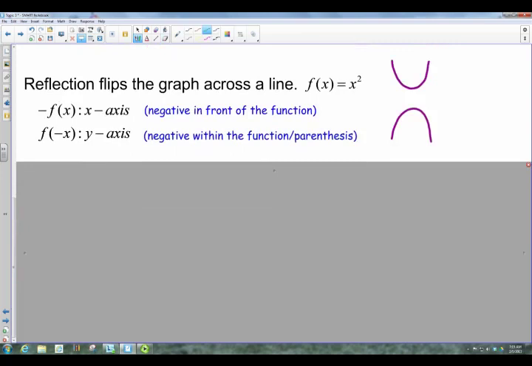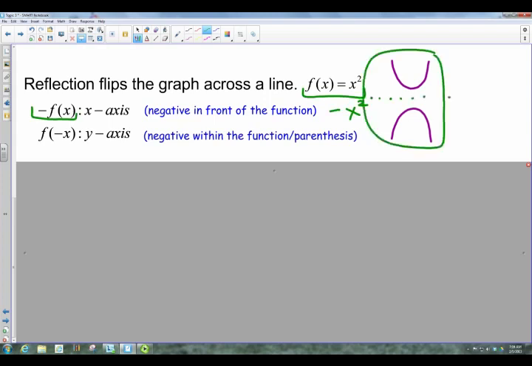If my original function is f of x equals x squared, an x-axis reflection occurs when you have a negative in front of the function. So if your function is x squared, think negative x squared. That would reflect it across your x-axis, and it would make a reflection just like that.